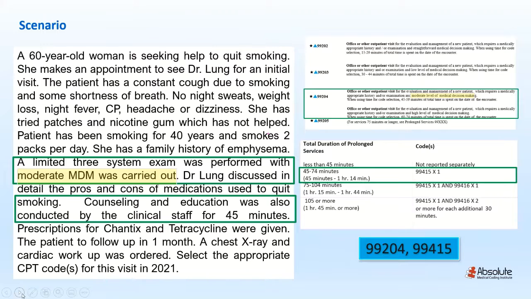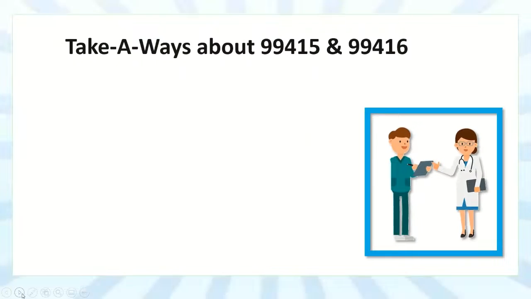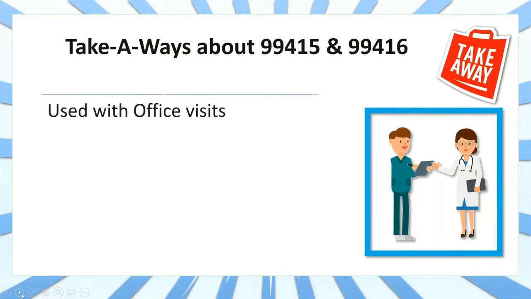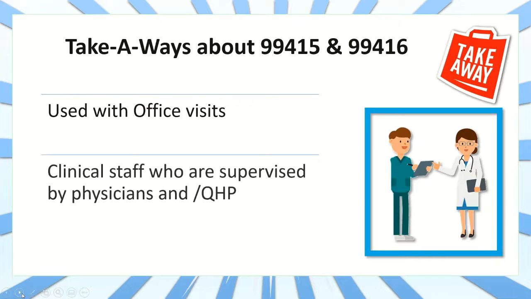So I know you all did a wonderful job on that one. Now I'm going to take you to our final takeaways about these codes 99415 and 99416. So just remember, these codes are used with office visits, as you saw in that last scenario.